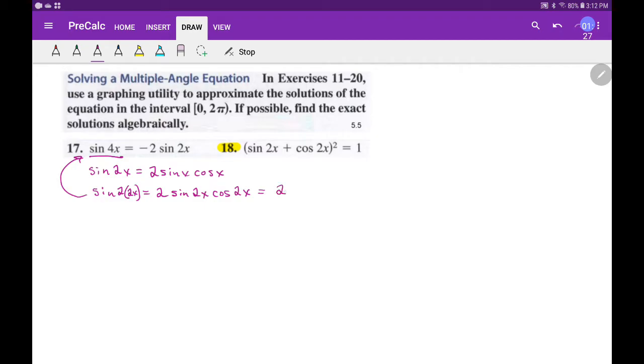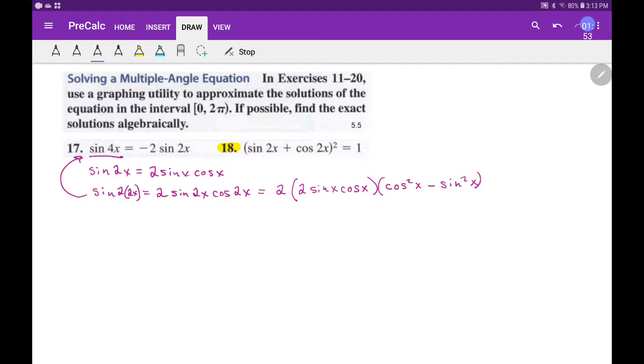Okay. So once we say that, then we have to keep going, and we have to say, all right, this is equal to 2 times, what is the sine of 2x? Well, now we can just say 2 times the sine of x cosine x and get it down to just that. But then I have to say the cosine of 2x is cosine squared x minus sine squared x. All right.